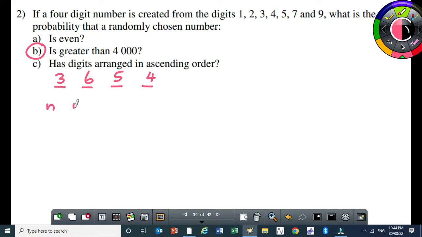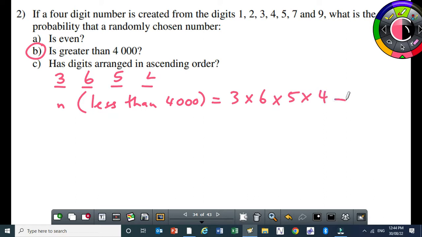So here n less than 4,000 will be equal to 3 times 6 times 5 times 4. That answer you get, that will be 840.